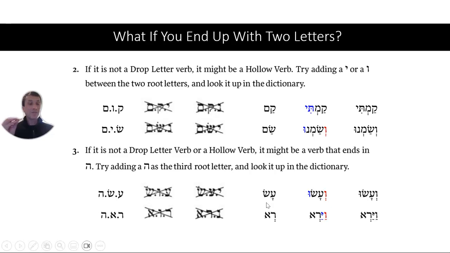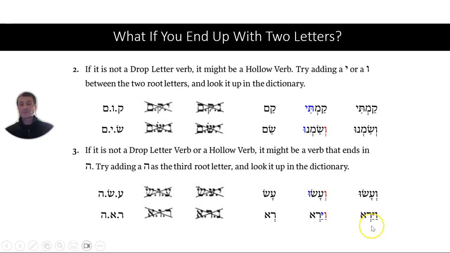Now again, you probably know your vocab well enough to be able to recognize what this is, even at this point. But let's say you didn't. Maybe it's a drop letter. Look up yod ayin seen. Okay, that's not it. Maybe it's a hollow root. You look up ayin vav seen or ayin yod seen. Okay, that's not it. Think of third hey. Ayin seen hey, to do or make.